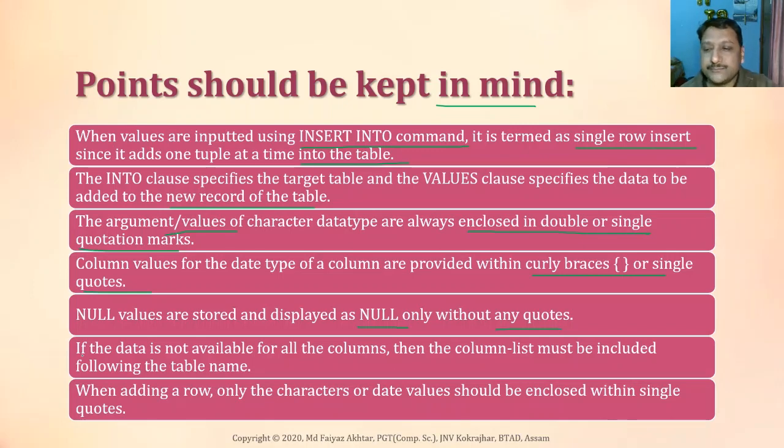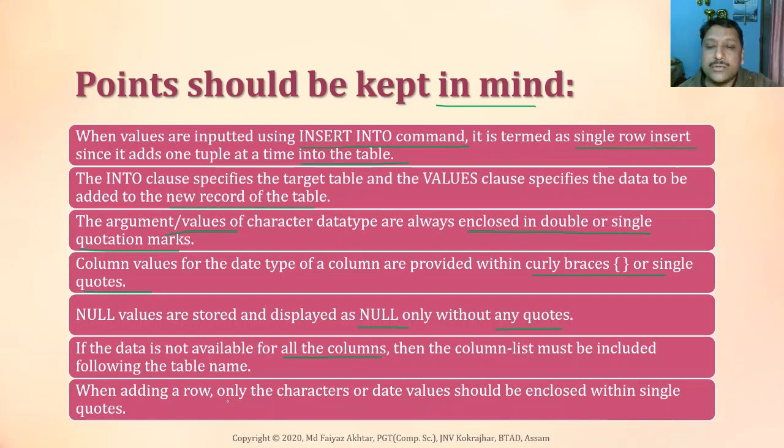Okay. If the data is not available for all the columns, then the column list must be included following the table name. Suppose there are 5 columns and you want to insert 3 columns. Then if you are doing like this, you have to mention the column names also before giving values. Okay.